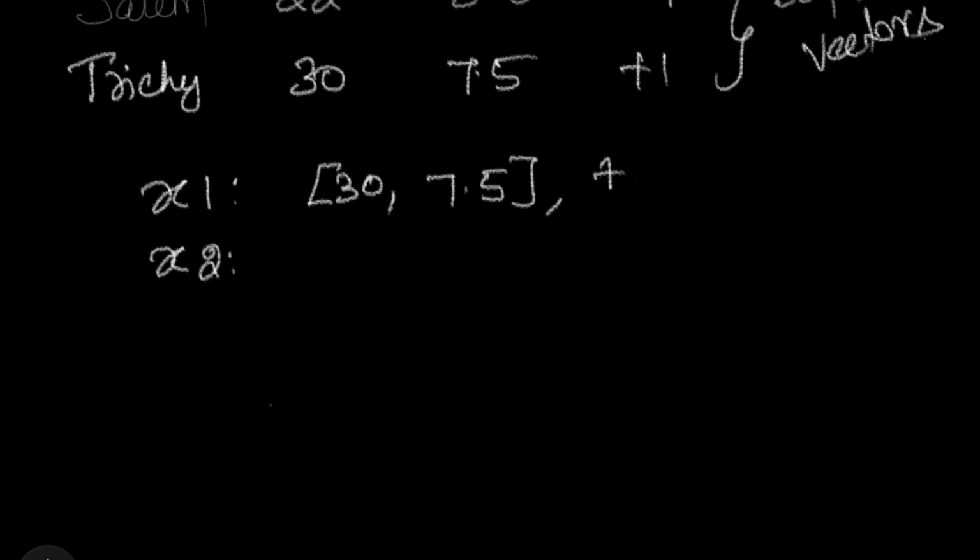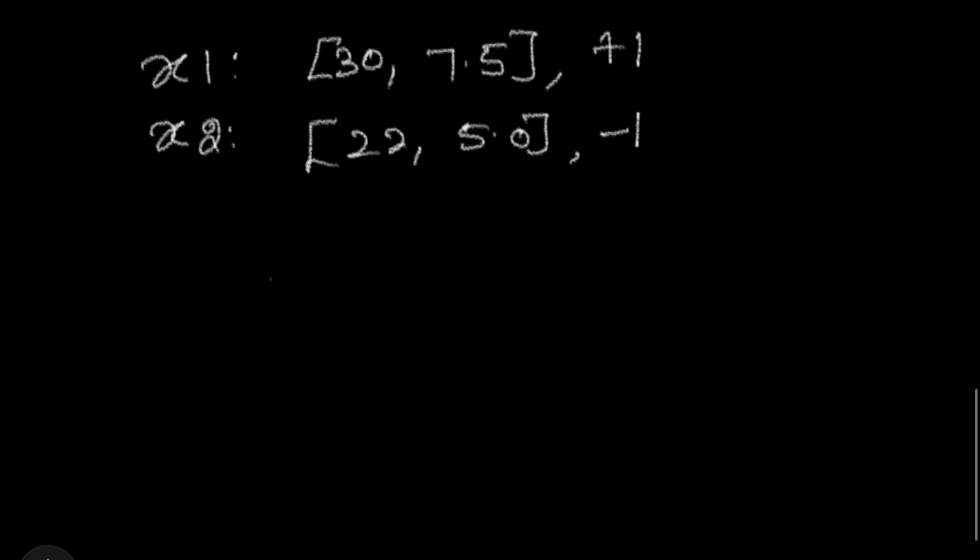That represents +1, right? This is x1 value, 30 and 7.5, and this is y1. And for Salem we have 22, 5.0, -1. So this is nothing but the x2 value, and this is the y2 value, right?